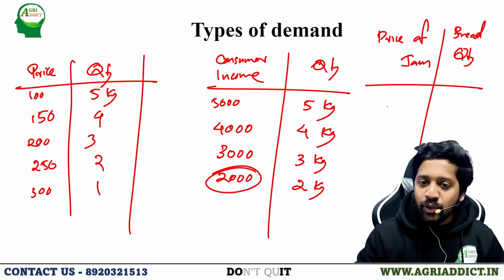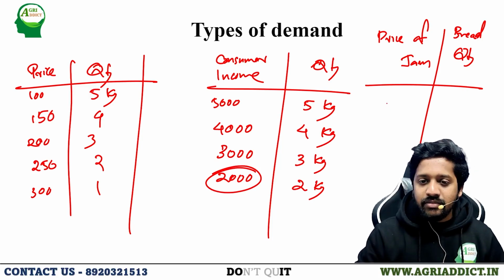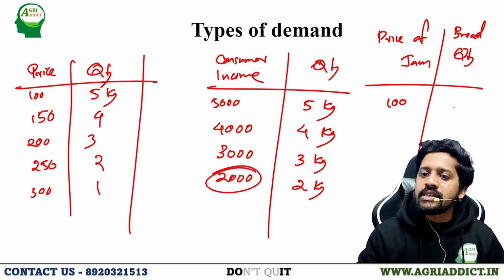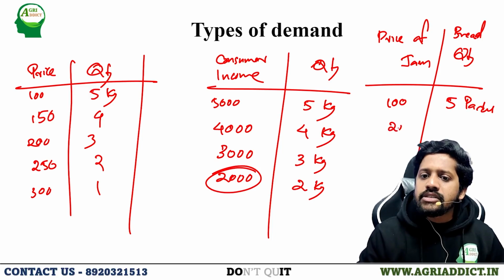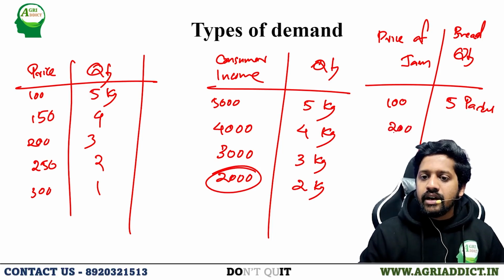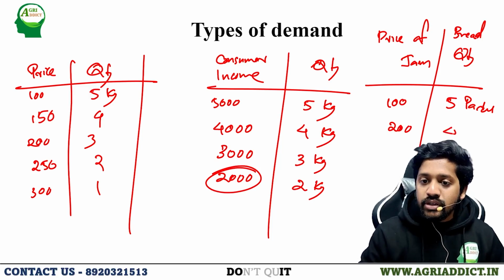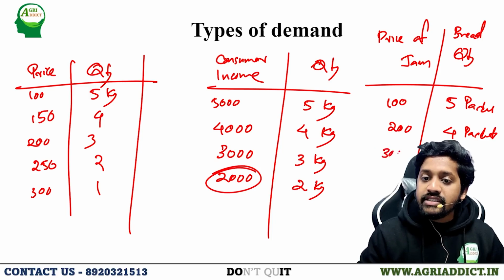If for a bottle of jam the price is just 100 rupees, I would be purchasing some 5 packets. If the price of the jam is 200 rupees, I won't be purchasing this much because I have to pay for the jam, so just 4 packets only I will be taking. What if it is 300 rupees?